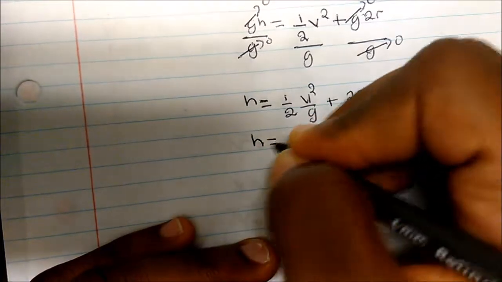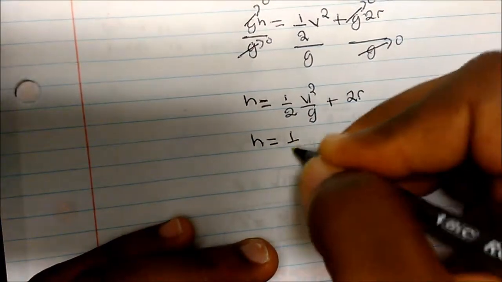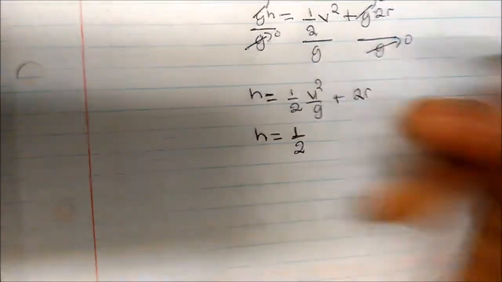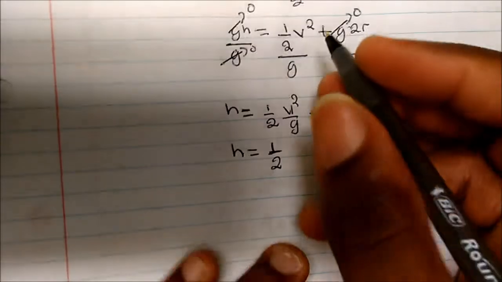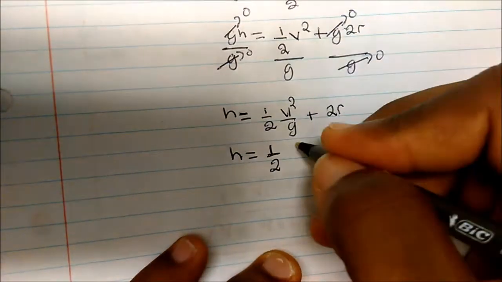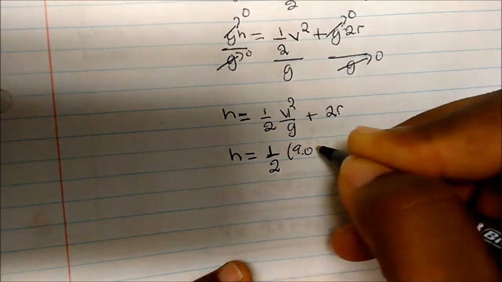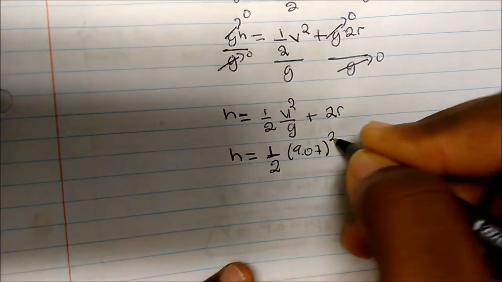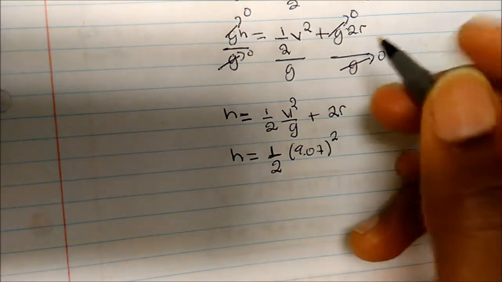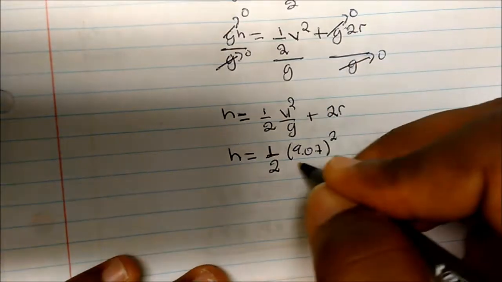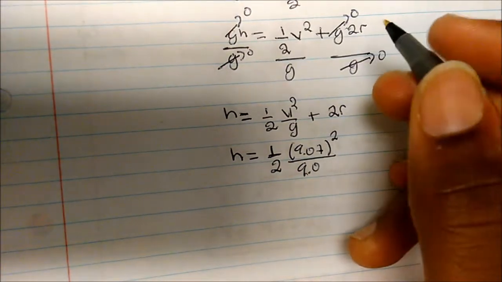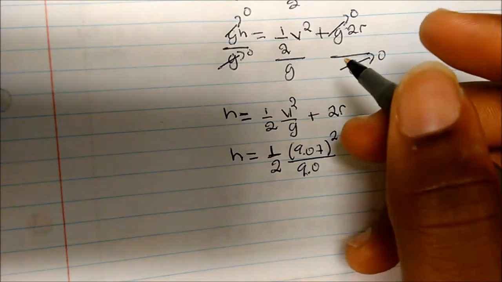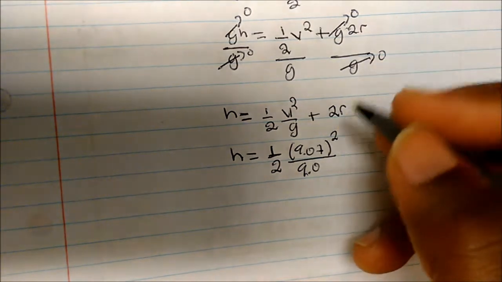So now this simply becomes plug and chug. So we have 1/2. Well, what's our velocity? We just found it. It was 9.07. And so we have 1/2 9.07 squared divided by g, so we have the velocity squared divided by g.